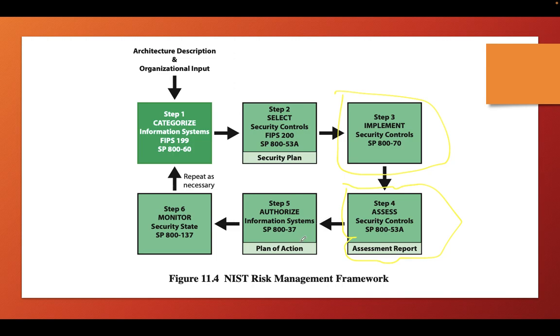This is called the plan of action. Then your step 6 is to monitor the security state. And then you repeat the process continuously to ensure that your enterprise network is properly secured.